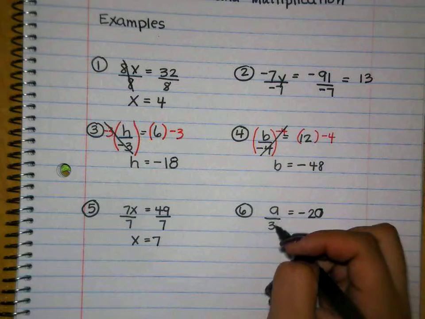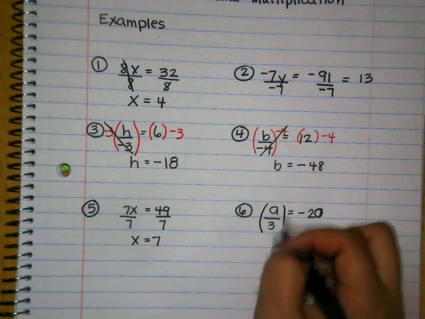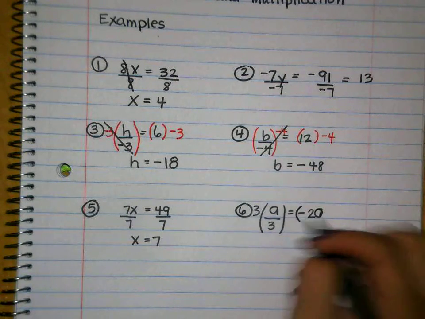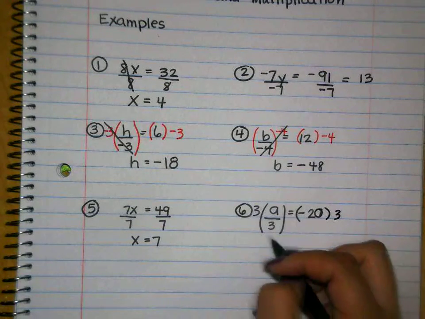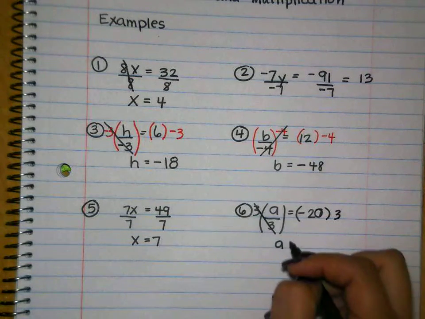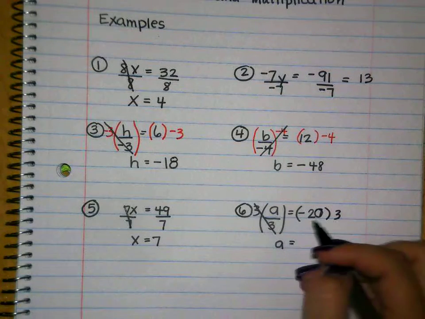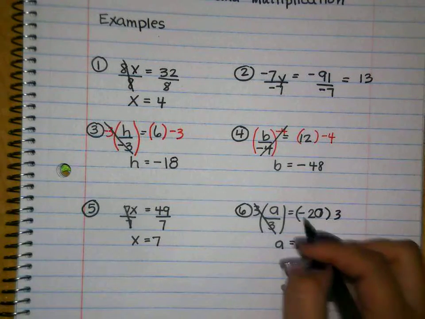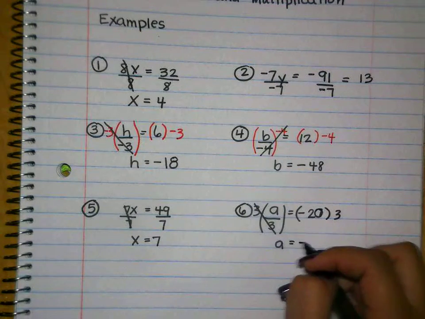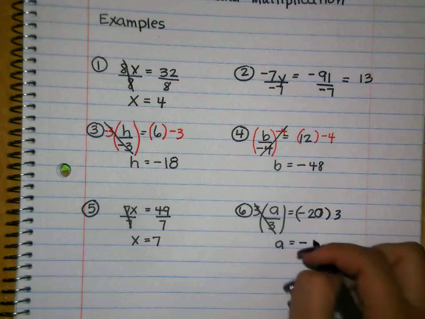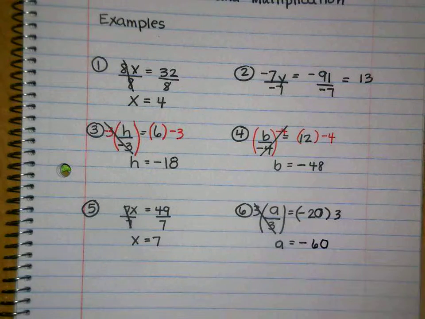Here we have a divided by 3, so we're going to multiply everything by 3 here and everything by 3 here, leaving us with a on the left equal to 3 times negative 20. We'll have a negative times a positive, so it's going to be a negative, and 20 times 3 is going to be a 60.